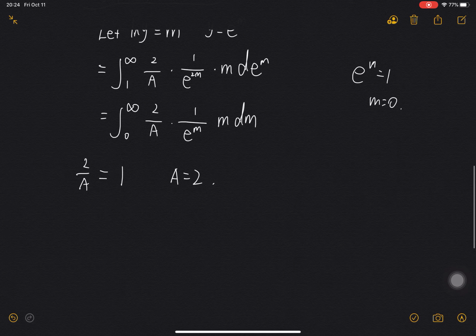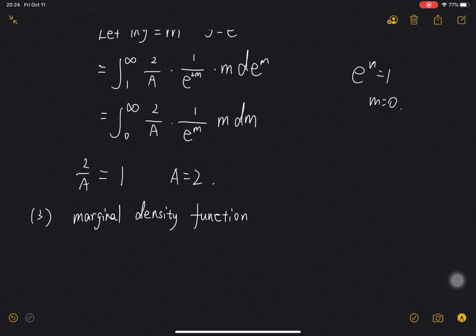Then let's jump to question 3. Question 3 asked us to find and draw the marginal density functions f_X and f_Y.